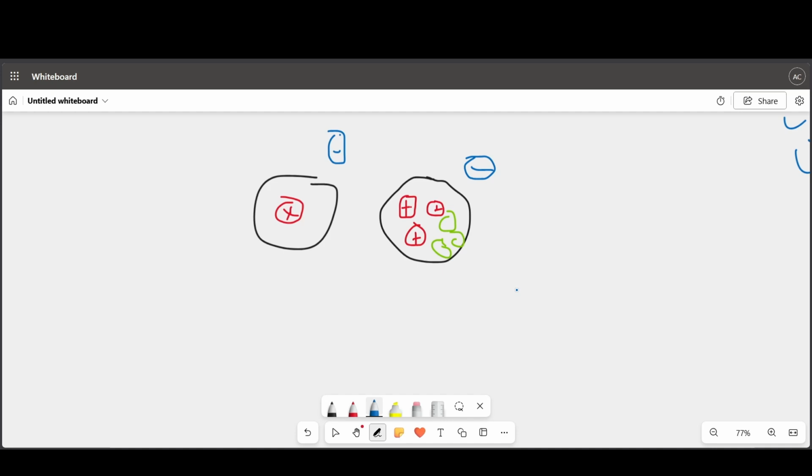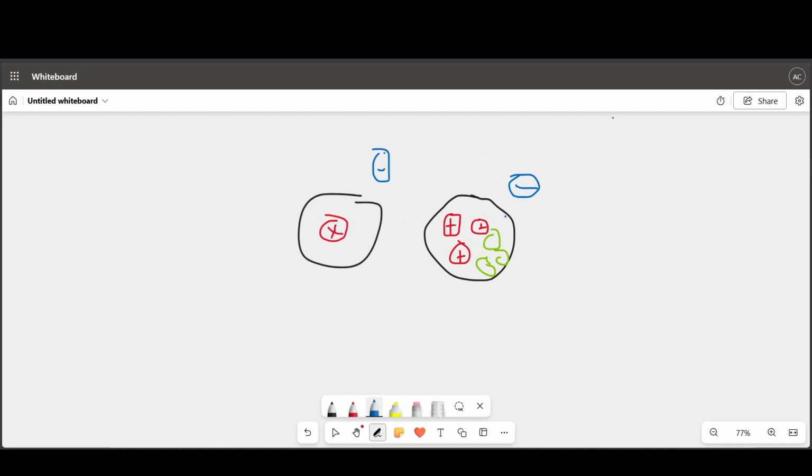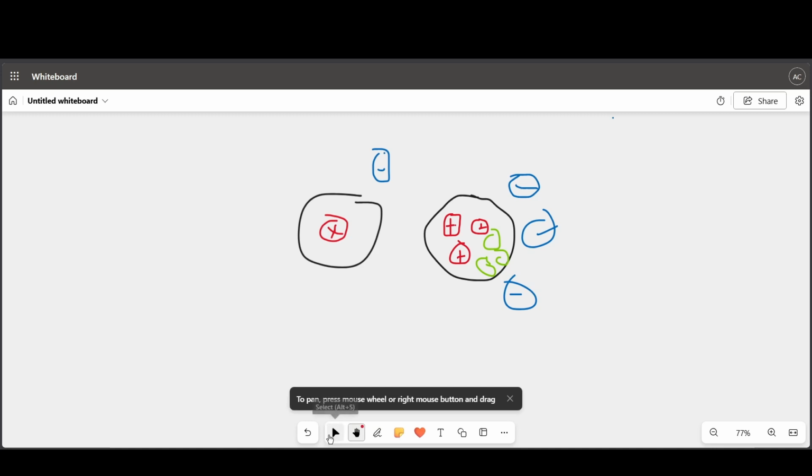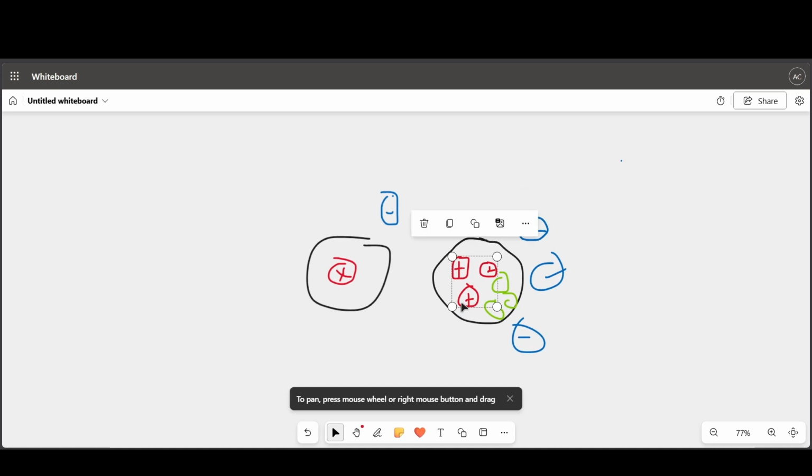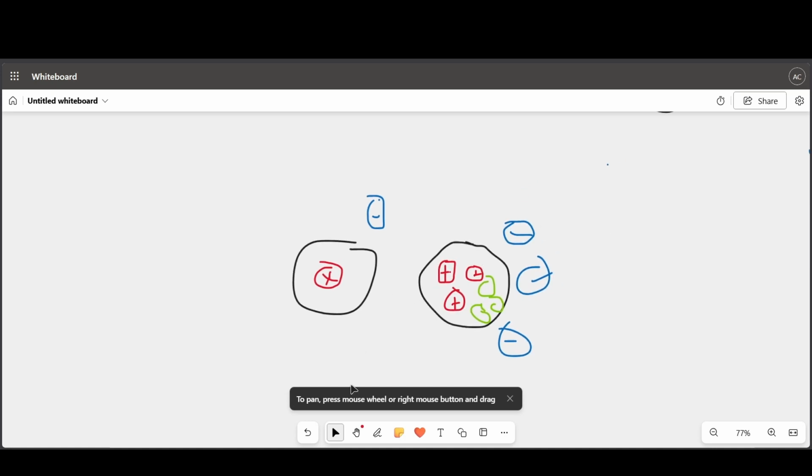Let's assume this is the hydrogen atom, and this is the lithium atom. Let's assume that these two atoms somehow were chemically bonded due to a chemical reaction.